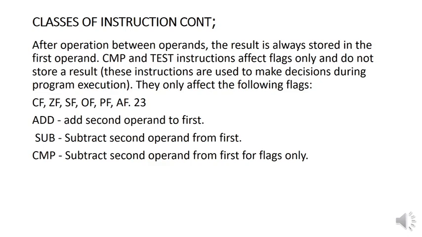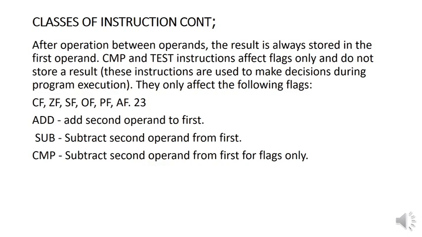They only affect the following flags: CF, ZF, SF, OF, PF, AF. Add adds the second operand to the first, sub subtracts the second operand from the first, then CMP subtracts the second operand from the first for flags only.